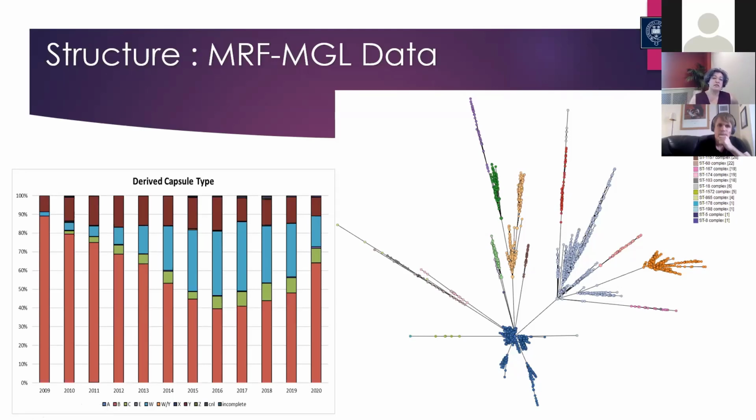And so we can ask a lot of questions about not only when and why that's happened, but how that's happened by having the meningococcal genome library. We can dig into this more specifically.